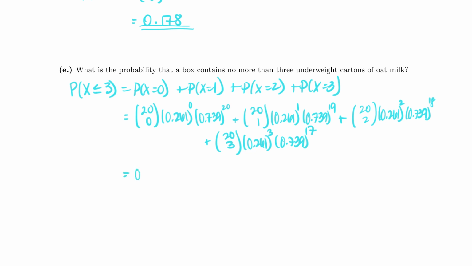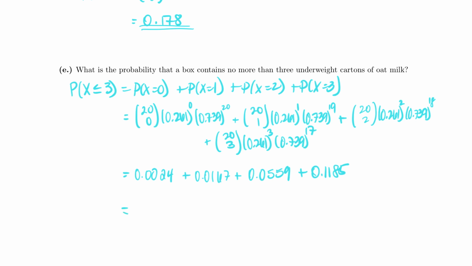So we end up with the probability that x is 0 is 0.0024, plus the probability that x is 1 is 0.0167, plus the probability that x is 2 is 0.0559, and the probability that x is 3 is 0.1185.